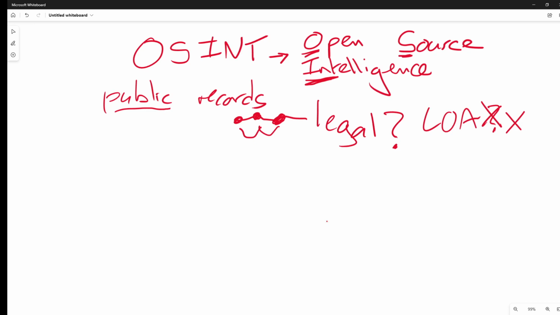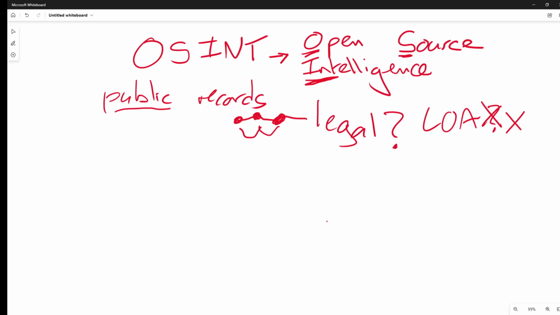So thanks to things like social media, the local libraries, DNS records, there's a wealth of legally obtainable OSINT data that is out there. And indeed, this may be all that is needed for an attacker to compromise any organization or individual.